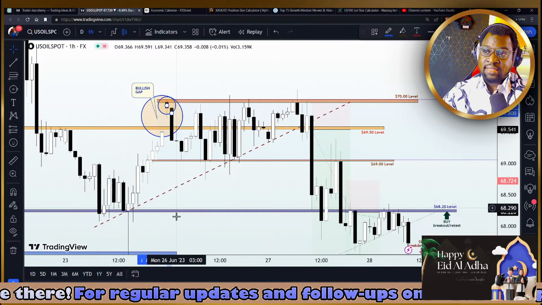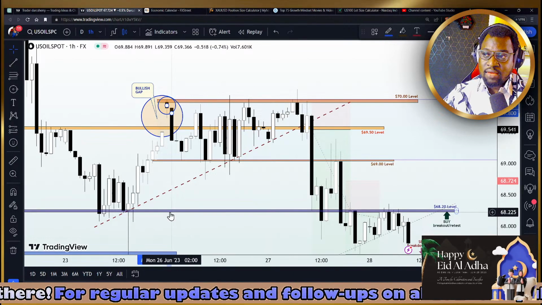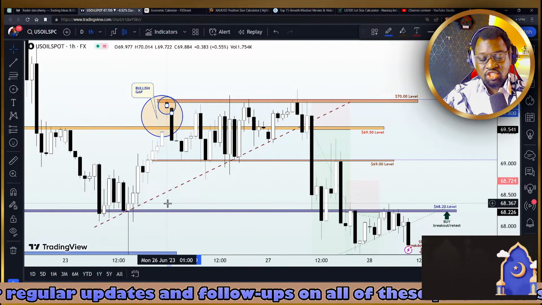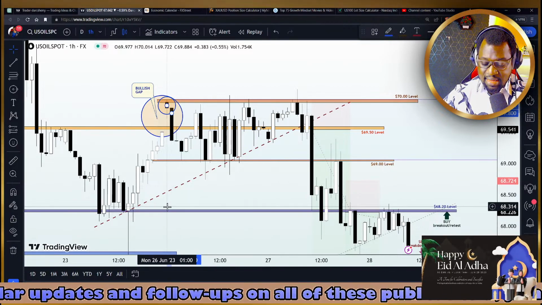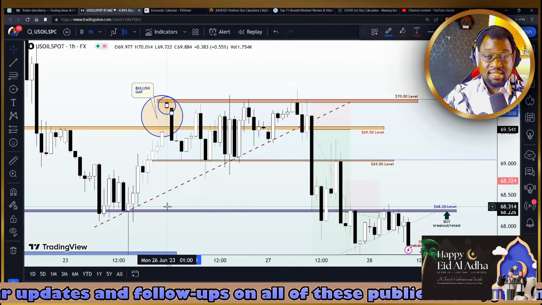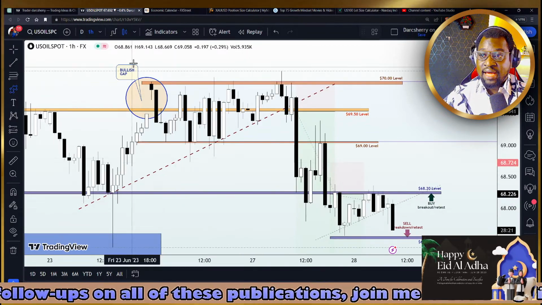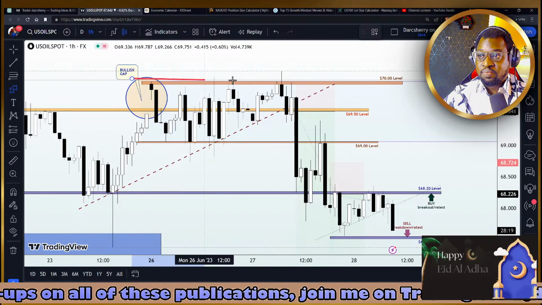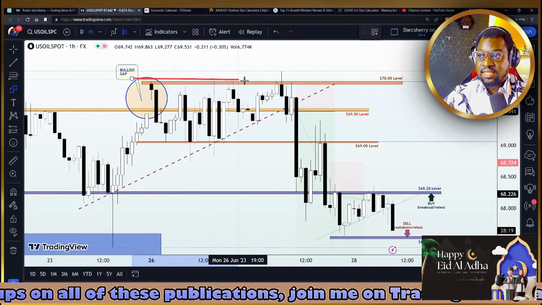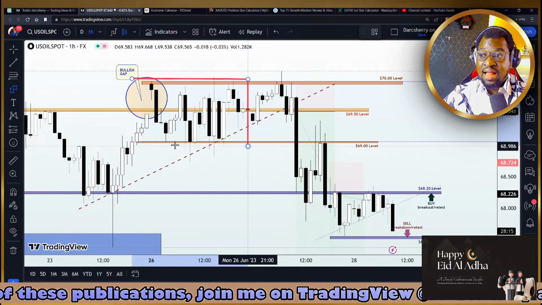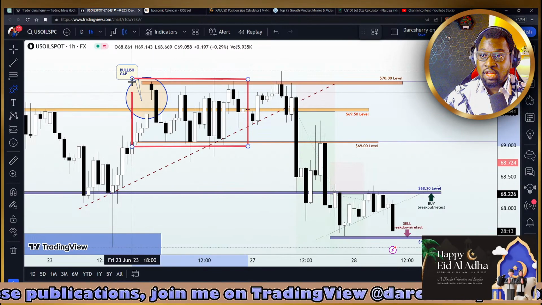Since that moment, price is yet to break out of that structure, which is a clear sign that sellers are very strong in this market at this point in time. In addition, we had a range identified after spotting how price action was trapped between the $70 level and the $69 area.